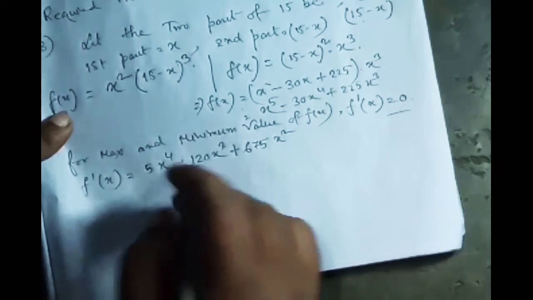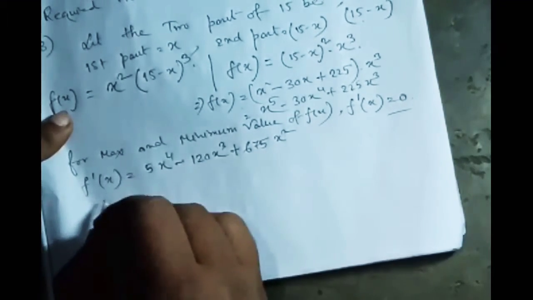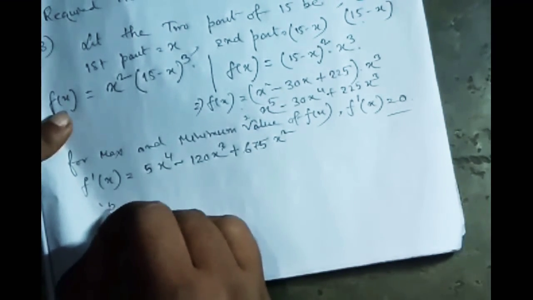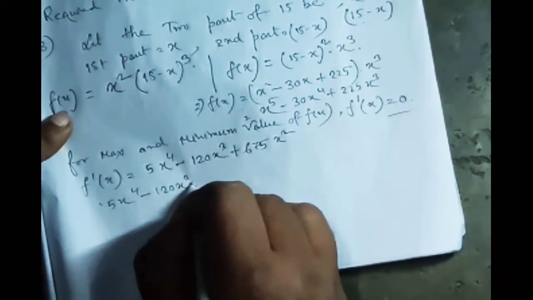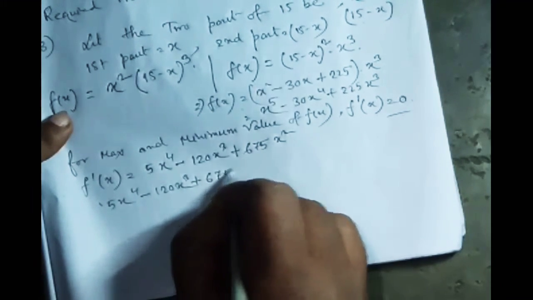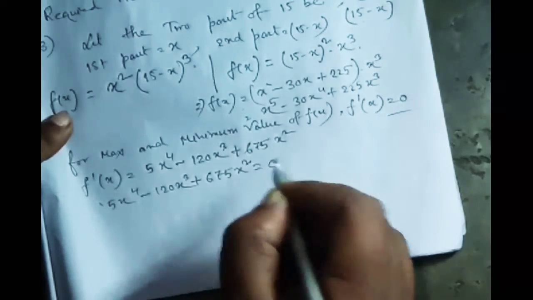So let us make it as 0. So we will get 5x to the power 4 minus 120 x cube plus 675 x square equal to 0.